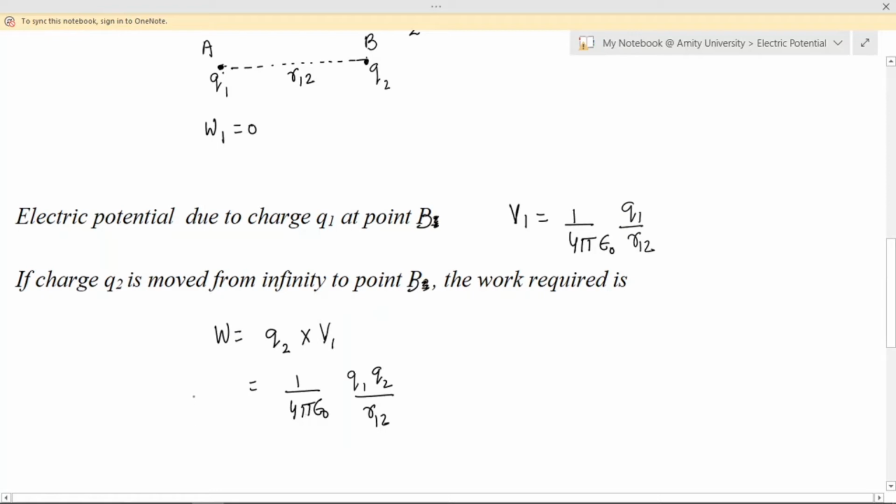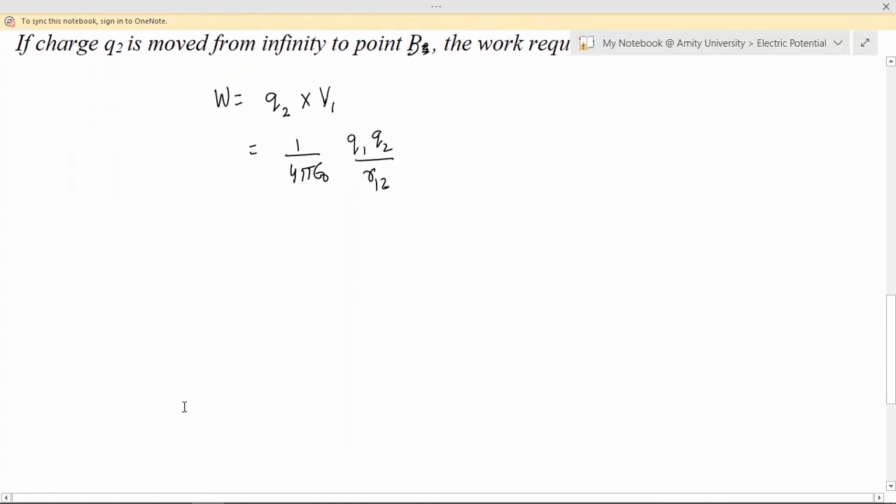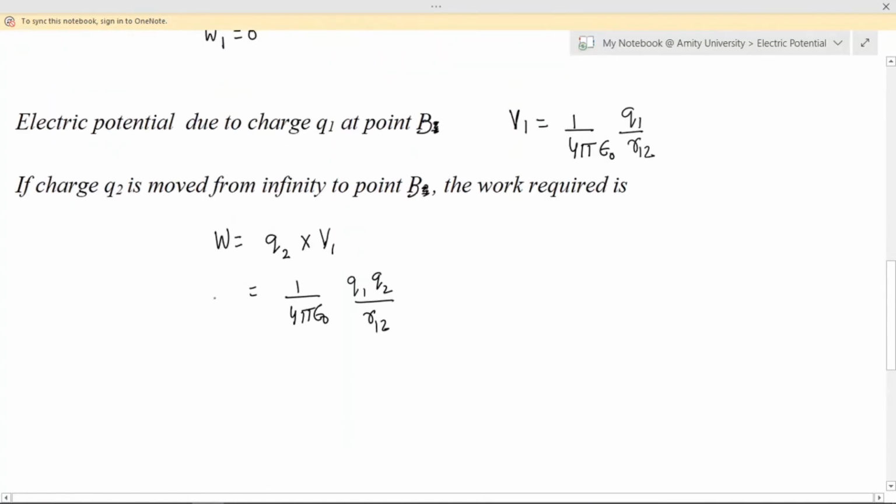Now, this work done is stored as the potential energy of the system of two charges. So, therefore, what is the potential energy for the system of two charges?